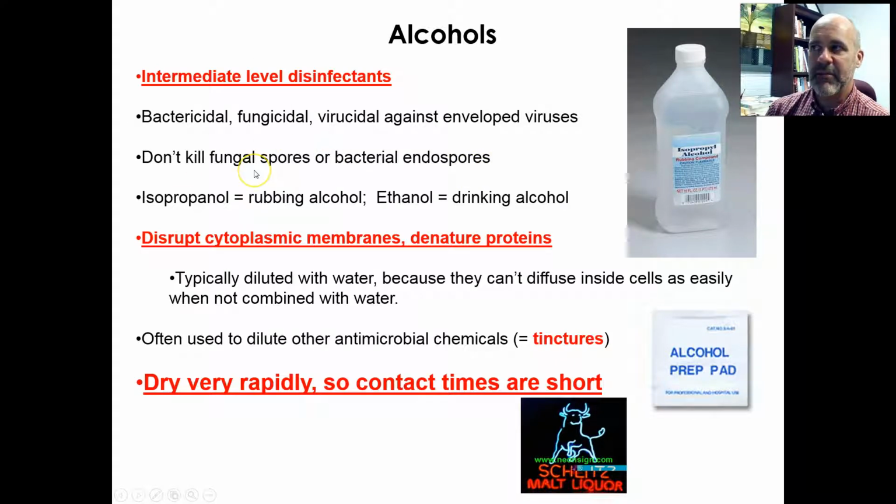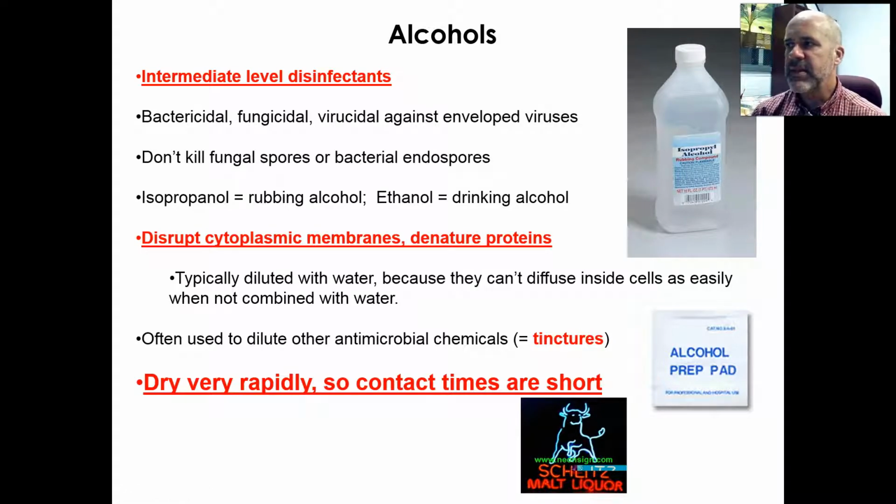They're not very good at killing fungal spores either. So just keep in mind, when you use alcohol on the skin or a surface, it's not killing everything. You're not achieving sterility. This tends to disrupt cytoplasmic membranes, denature proteins, and dehydrate cells as well.